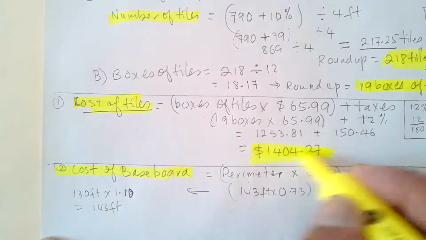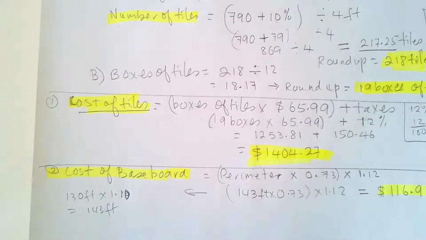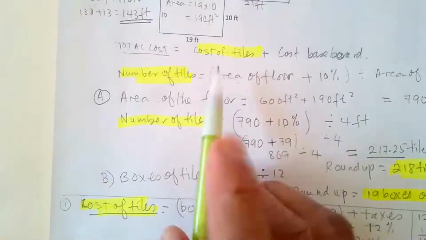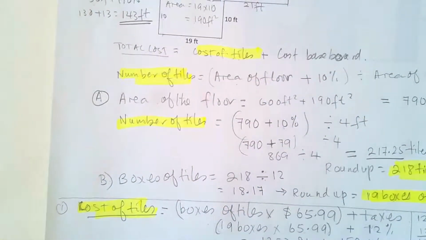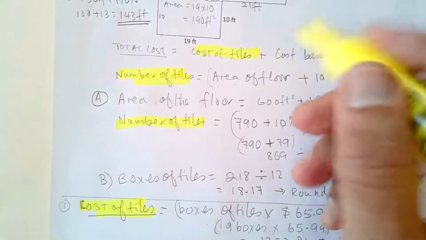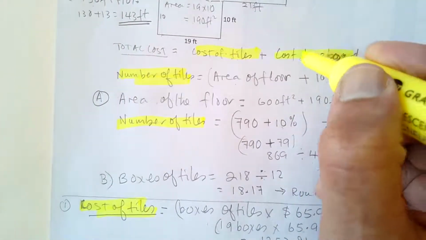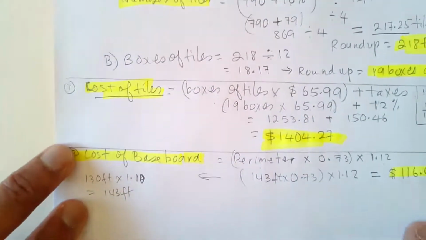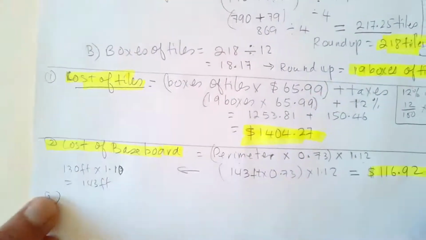So these are my costs for each set of items. So finally, go back to my total cost, which is cost of tiles plus cost of baseboard. Now we know the cost for the baseboard. So we'll repeat the statement here.